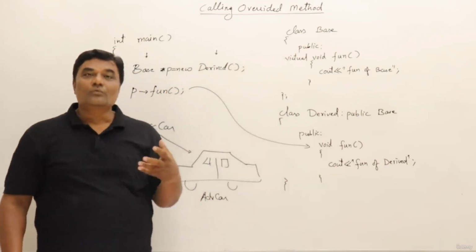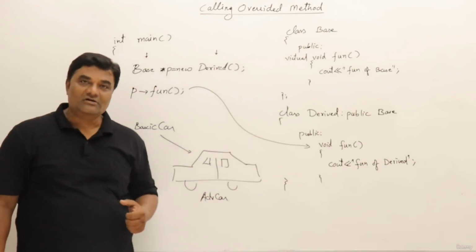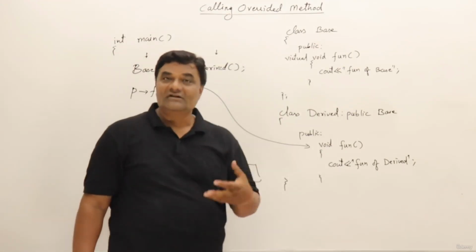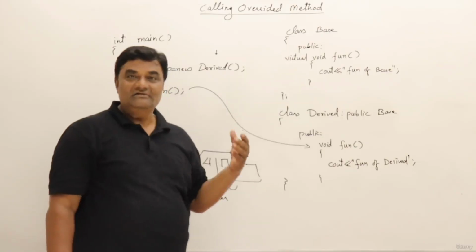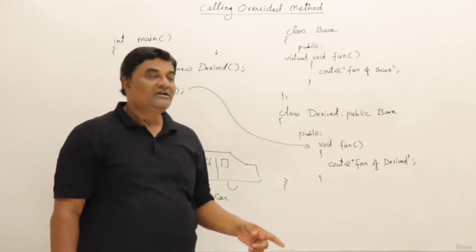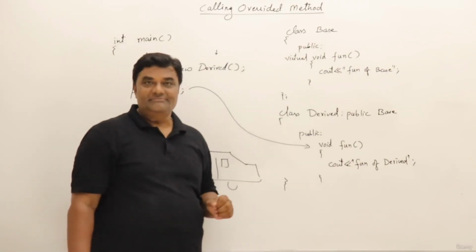So this is what virtual functions are meant for. To give the real life meaning in the code, to make it work like how things work in real life, virtual functions are introduced in C++.